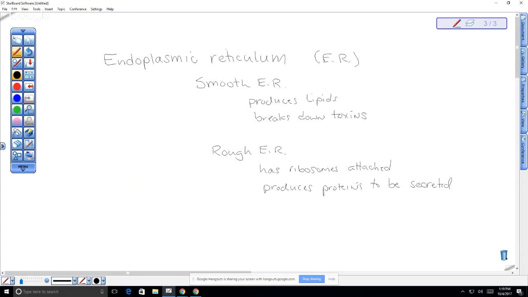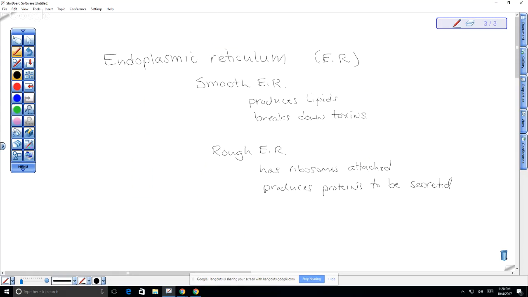So pancreas cells that are producing lots of insulin are going to have lots of rough ER. Most cells have a little of both, but depending upon their function, they'll have more if the cell has a specific function. If you think about it, our neurons, if you take psychology, individual nerve cells or neurons produce proteins.